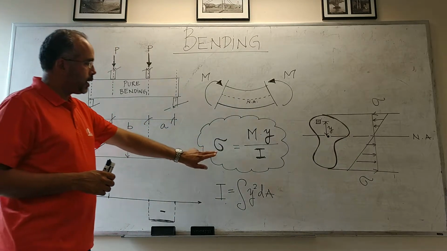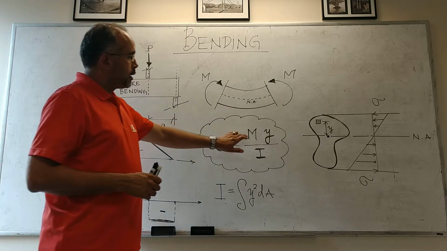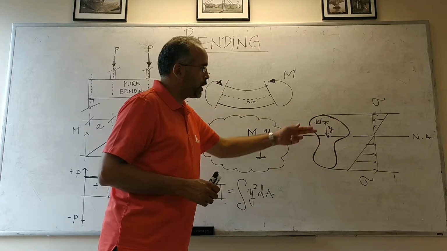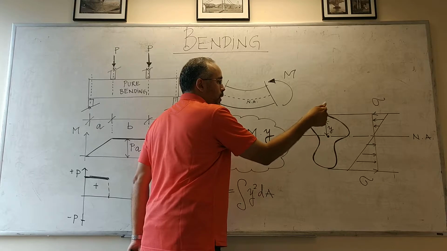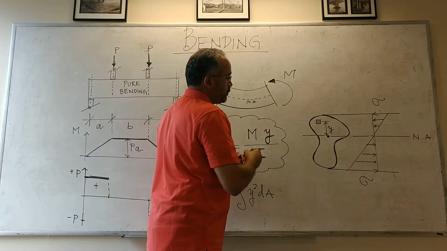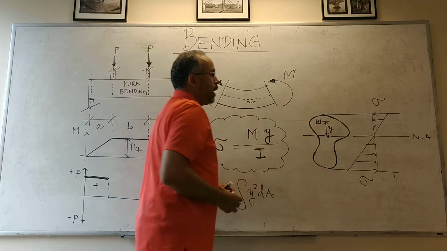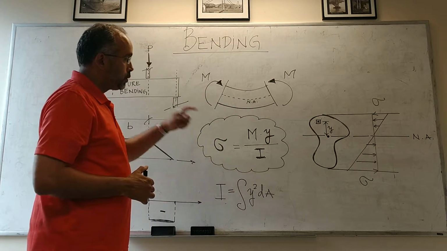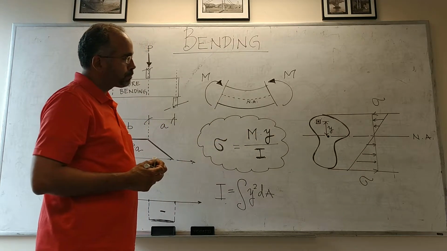And so the formula to compute the bending stresses in a cross-section, such as this one, the generic shape, the stresses will be going into the board here, and at any point located at a height y from the neutral axis, the stress would be equal to My over I.